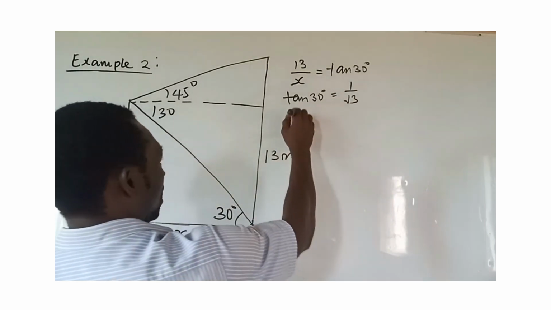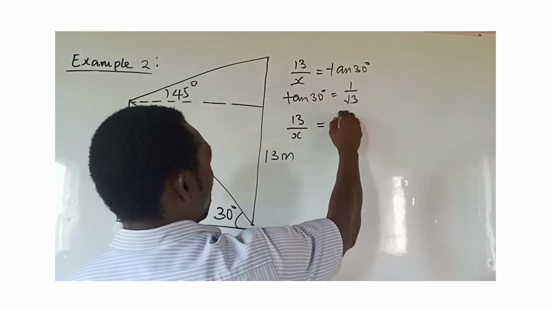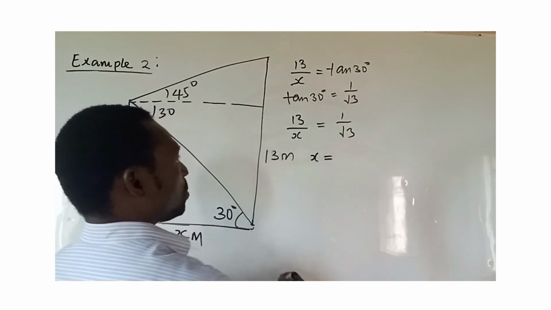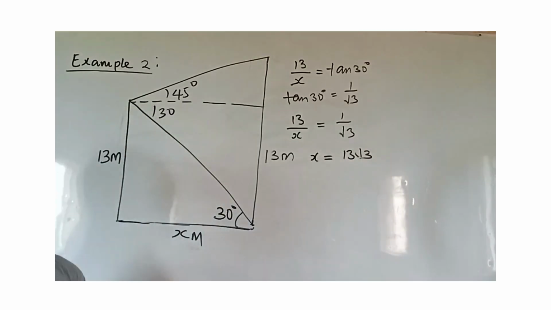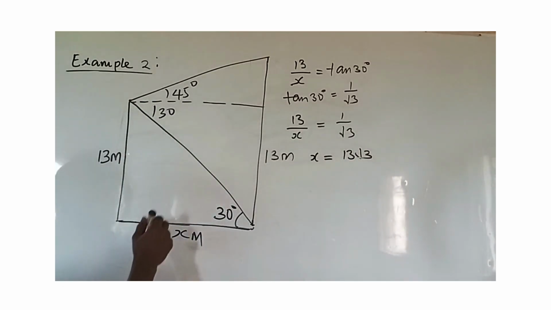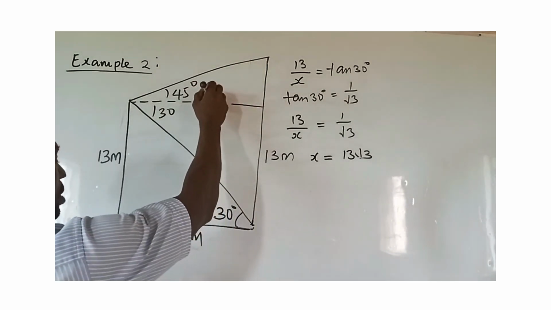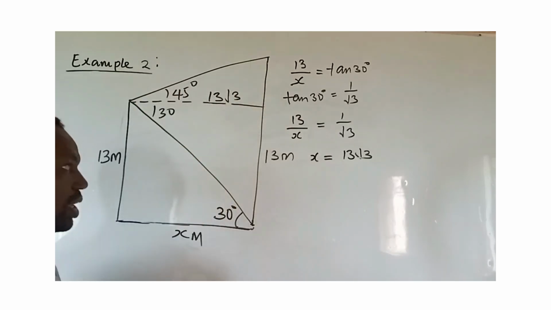So putting the value, we have 13 over x is equal to 1 all over root 3, so that x is equal to 13 root 3. So 13 root 3 is our value of x, which is also equal and parallel to this other side. So here is 13 root 3.